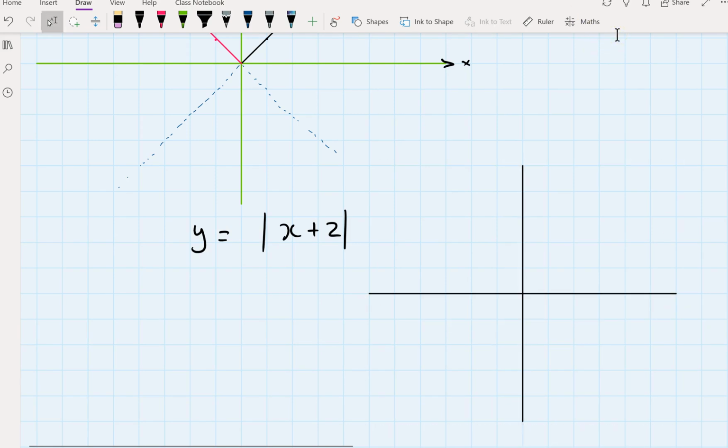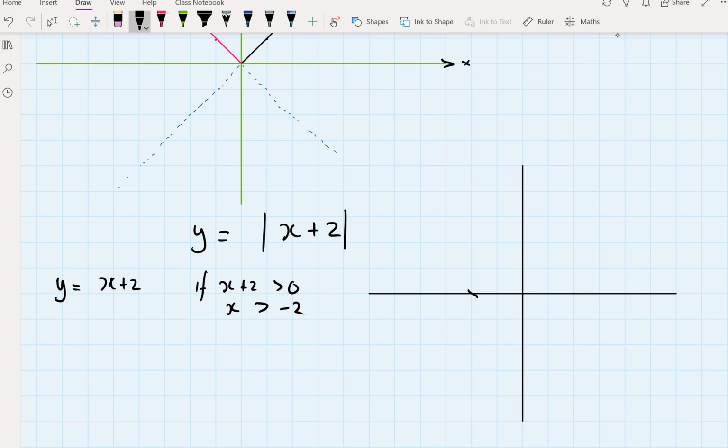And so let's think about what our function is going to look like. If we go back to our definition, this is going to be the graph y is equal to x plus 2 if x plus 2 is greater than 0. In other words, when x is greater than minus 2.